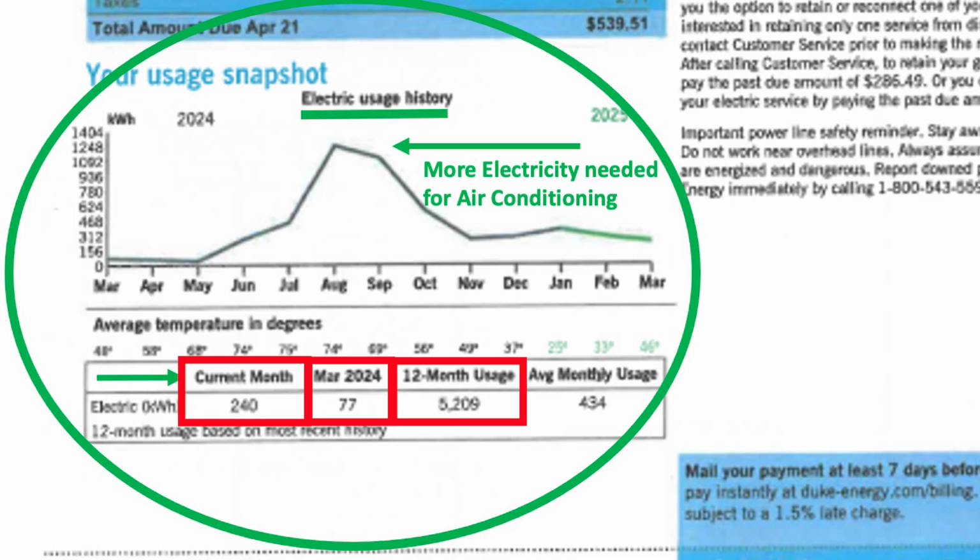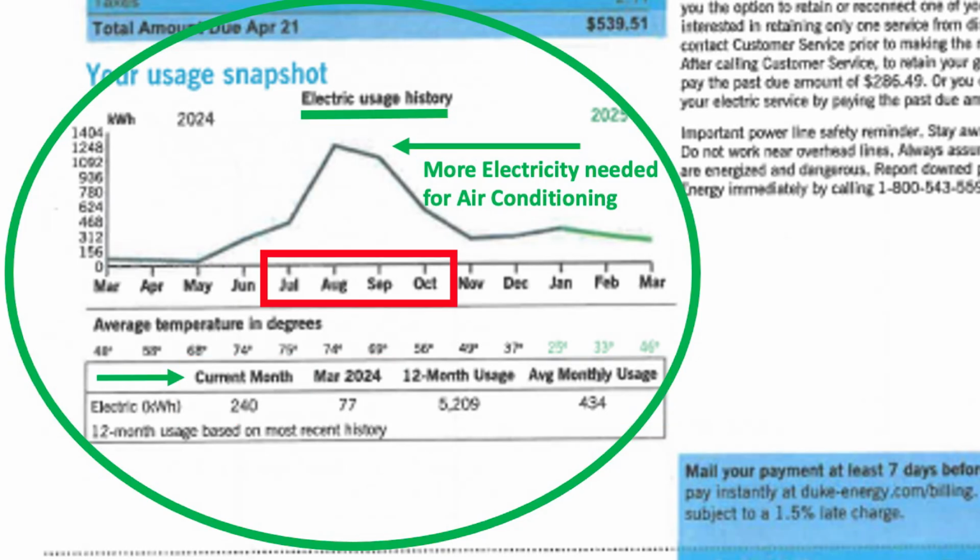Then you have a whole year usage total, and then you have an average per month. You can see on this snapshot right here that in the summer, from July to let's say October, that really jumped. The electric use really jumped. Now why? It was hot. It was very hot, and you had central air, and so you're just pumping as much cold air into your house as you can to be comfortable, and you can see the rise in it.